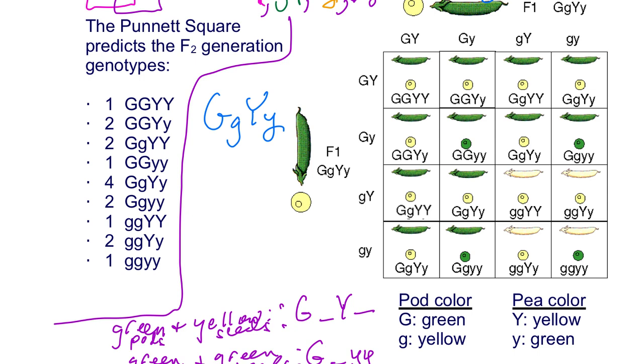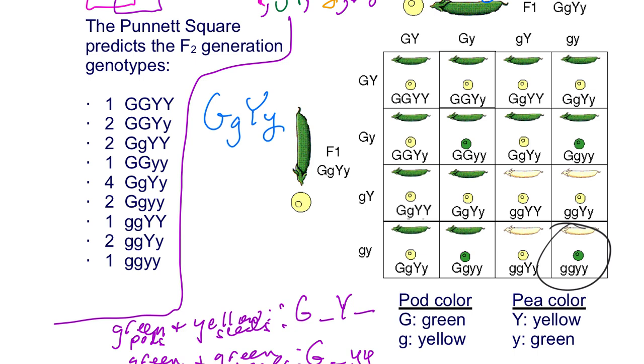I'm not about to do that. So the whole point is you only get 1 out of 16 with yellow pods and green seeds.